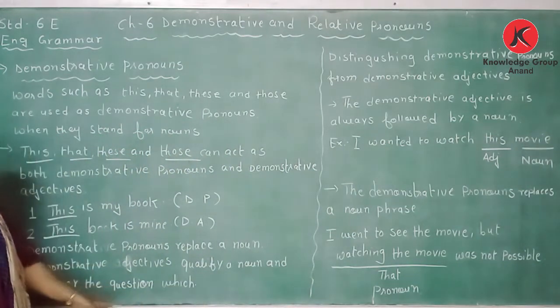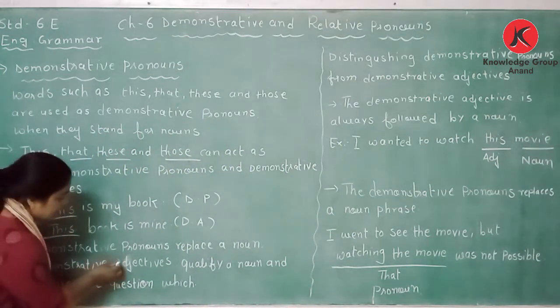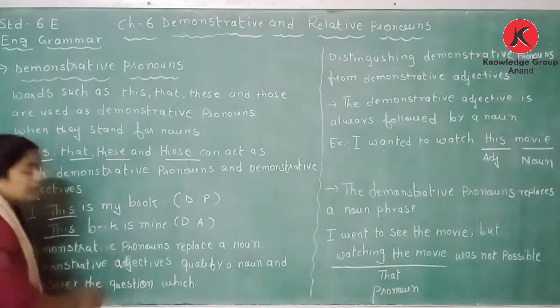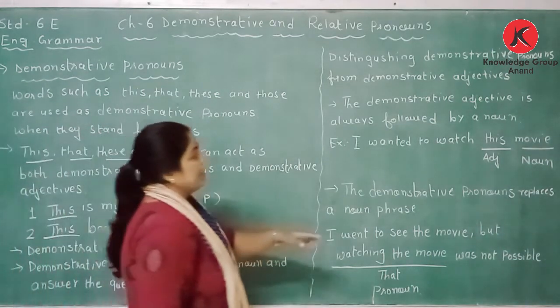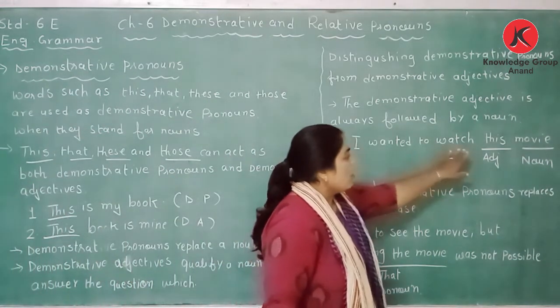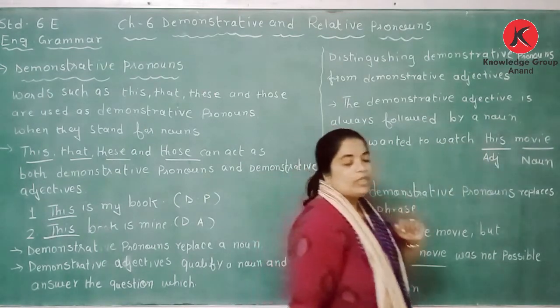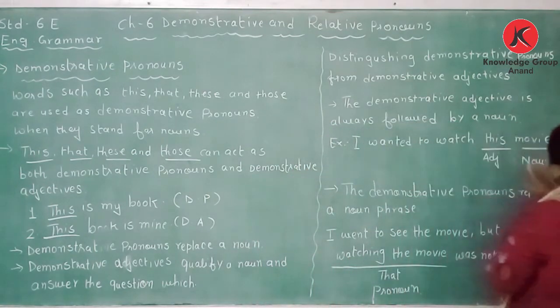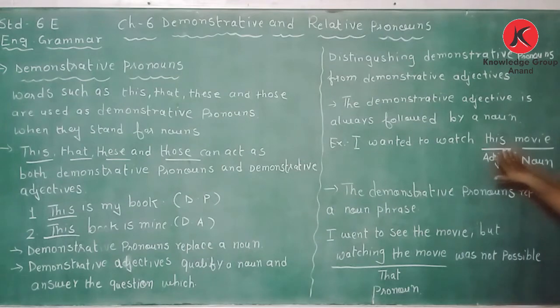Take the sentence: I wanted to watch this movie. Which movie did he want to watch? This movie. Here it qualifies a noun. Which noun? A movie. It qualifies the noun movie.